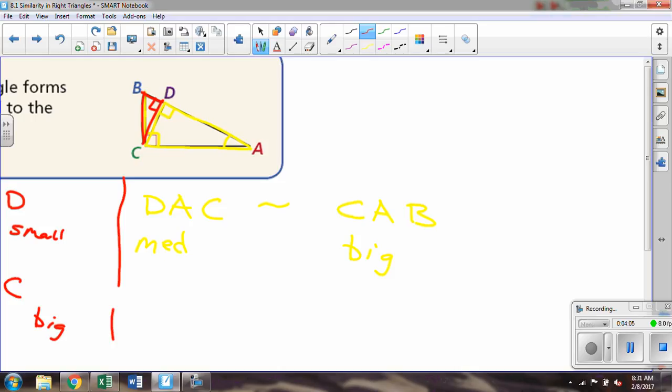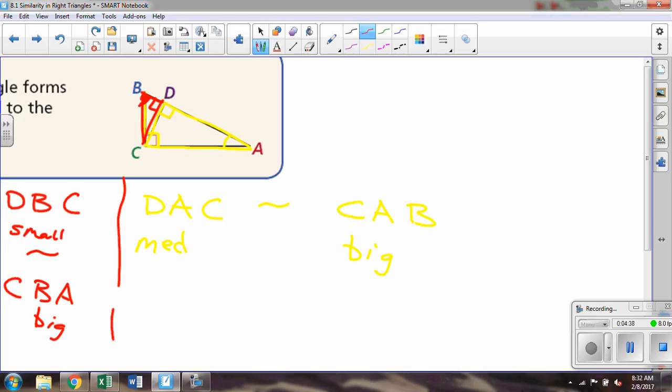And then for the small triangle and the overall big triangle, again, they both have angle B. Angle B has to be congruent to itself. So B matches up with B. Again, angle similarity tells us they will be similar. And then that leaves us with angle C matching up with angle A. And so we get these being similar.